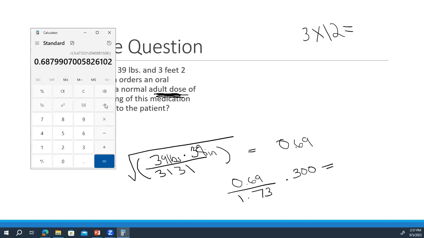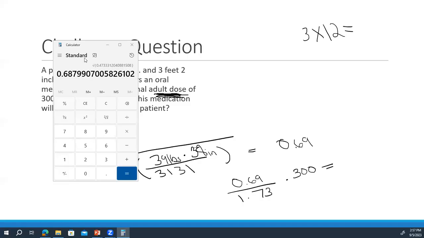Okay, so we can divide that by, like I said, keeping our same thing in our calculator here. We can keep all these numbers here, divide that by 1.73, and then multiply that by 300. And that gives us our 119.3.